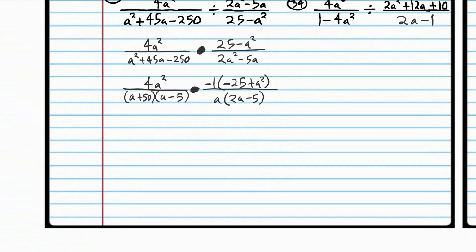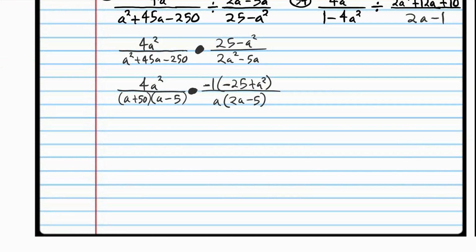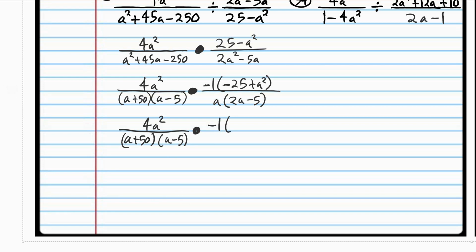So now that we use the -1 rule, you shouldn't have to rewrite the entire thing just to show this one change in order, but I'm going to go ahead and do that because I don't want to confuse you. But it's hard to really factor this expression, the difference of two squares, unless we put it in the standard form. So I'm going to go ahead and switch those around. So instead of writing -25 plus a squared, I'm going to write a squared minus 25. That'll be a lot more familiar.